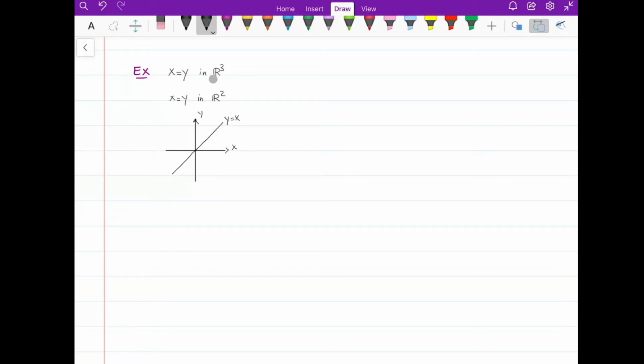What do you think about it in R3? In R3, z is free. x and y are equal to each other, but z is free. Let me try to graph it. Just think for a second. x, y, and z. So all the points where the first and the second coordinate are equal to each other and the third coordinate is free.